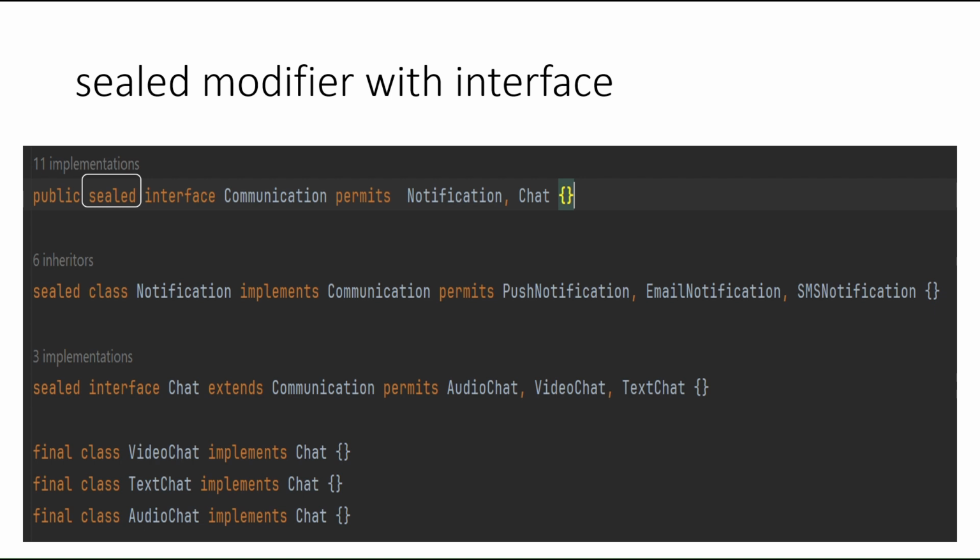Using the permits clause, we have to specify the classes and interfaces which are going to implement and extend the communication interface. Here the communication interface is implemented by the notification class and it is extended by the chat interface.